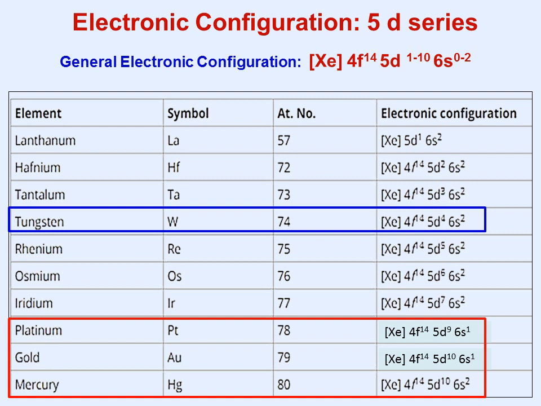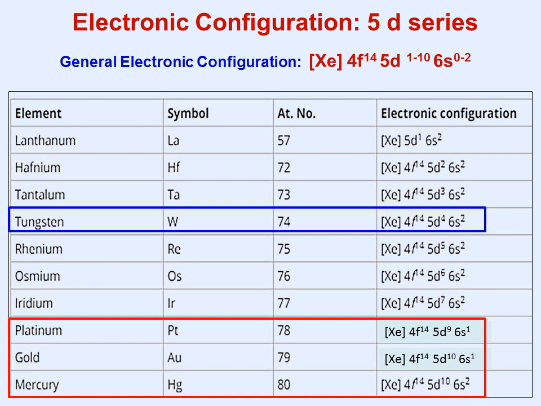In 5d series, that is the third transition series, the elements are lanthanum, hafnium, tantalum, tungsten, rhenium, osmium, iridium, platinum, gold, and mercury. In this series, the electrons are successively added in the penultimate 5d subshell.